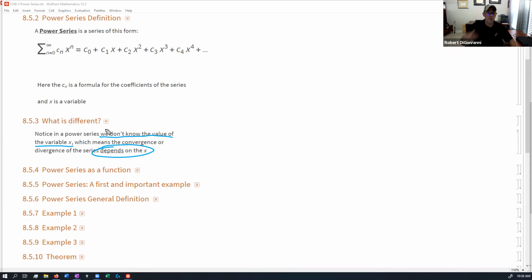If I give you a power series and ask you, does it converge or diverge? Well, since you don't know what x is, you won't be able to tell me. The only way you'll be able to tell me is if I give you a value of x. So if I say, if x is 2, does it converge? If x is 1, does it converge? If x is 5, does it converge? I would have to ask you to plug in different values of x. Does that make sense?